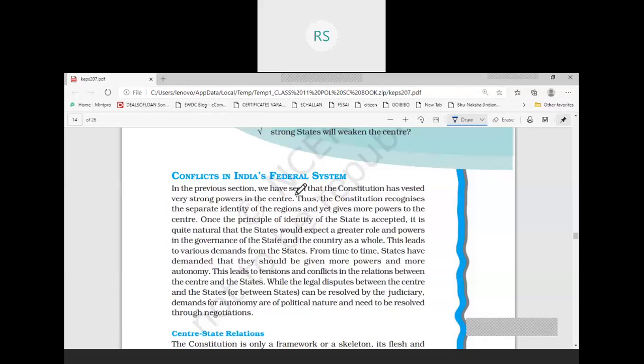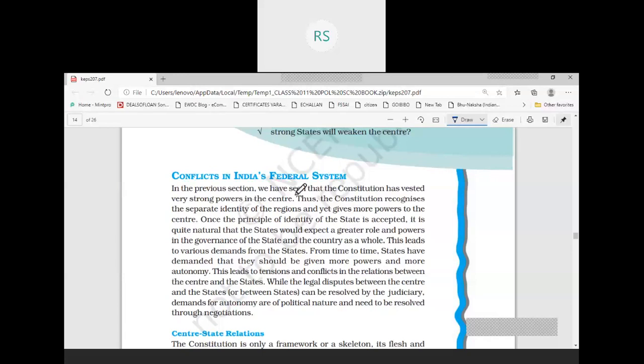There are many types of conflict. Legal conflict: many times legal dispute or legal conflict arises between the center and the state, and this legal conflict can be resolved by the judiciary, because our constitution gives the judiciary the role of the interpreter of the constitution.